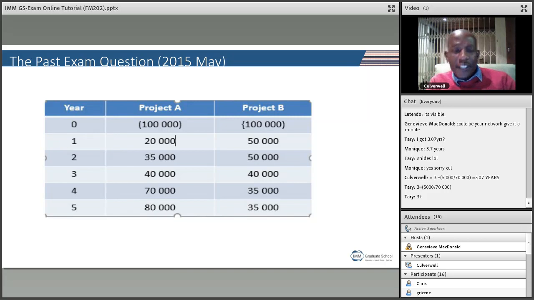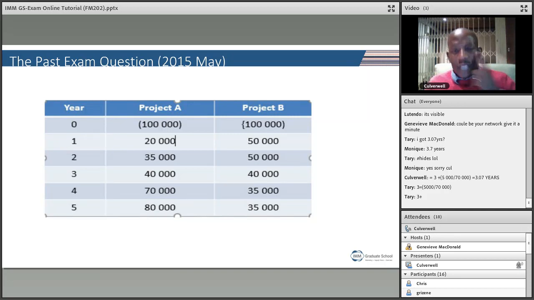So after the first year, we would receive 20,000, meaning we still need to recover a balance of 80,000. Year 1 gone. And then after year 2, we're expecting 35,000, so 80,000 minus the 35,000, we'll still need to recover the 45,000. So full year 2 gone.